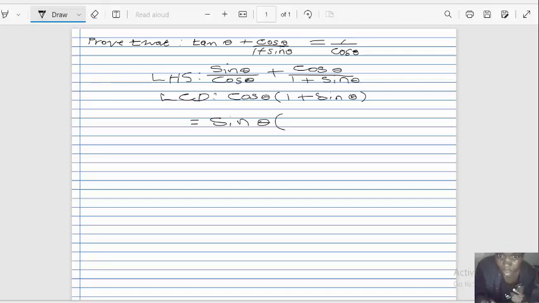Since cos cancels the cos, we are remaining with 1 plus sin theta, close bracket, and then plus. So how many times does 1 plus sin theta go into cos theta, 1 plus sin theta? Clearly we will be remaining with the cos theta. In brackets, we will have our cos theta as well.